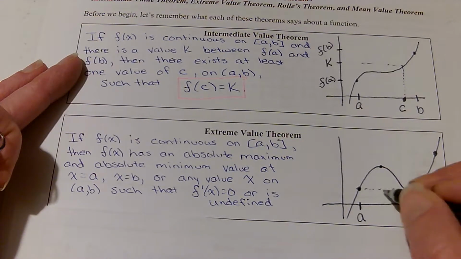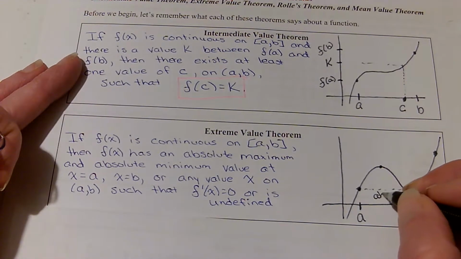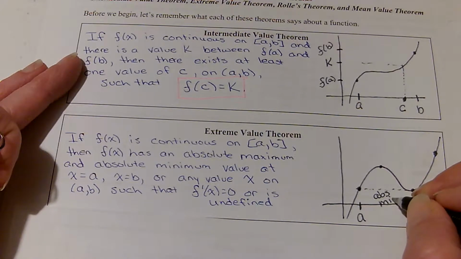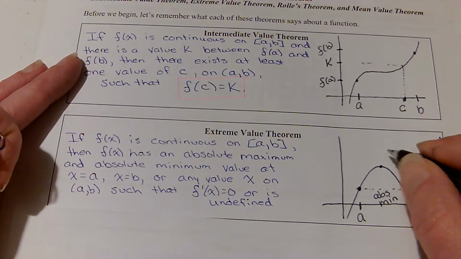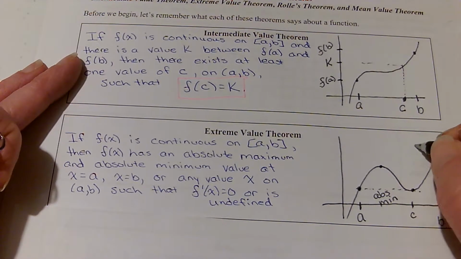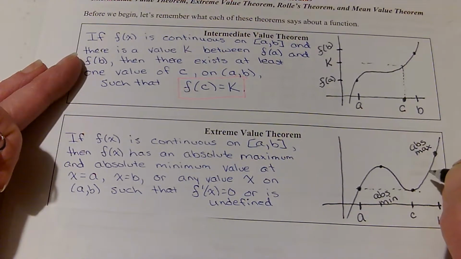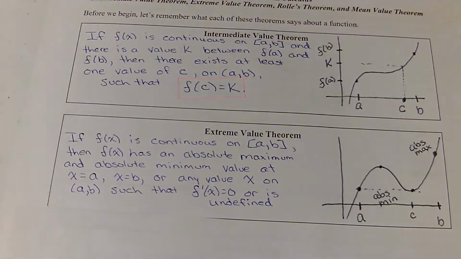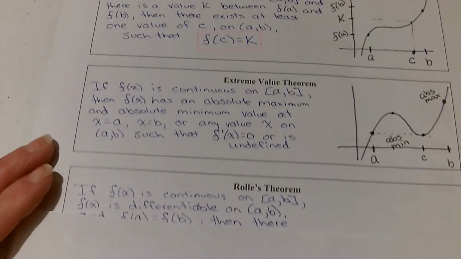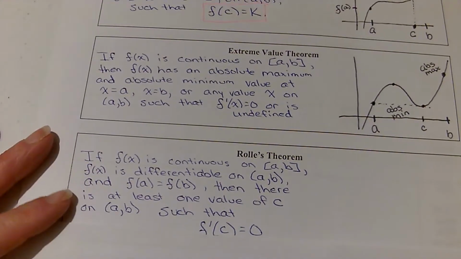So those are both absolute minimums. There's two. Now our maximum would be here. That's an absolute maximum. So it either occurs at endpoints or at relative mins and maxes. Makes sense.